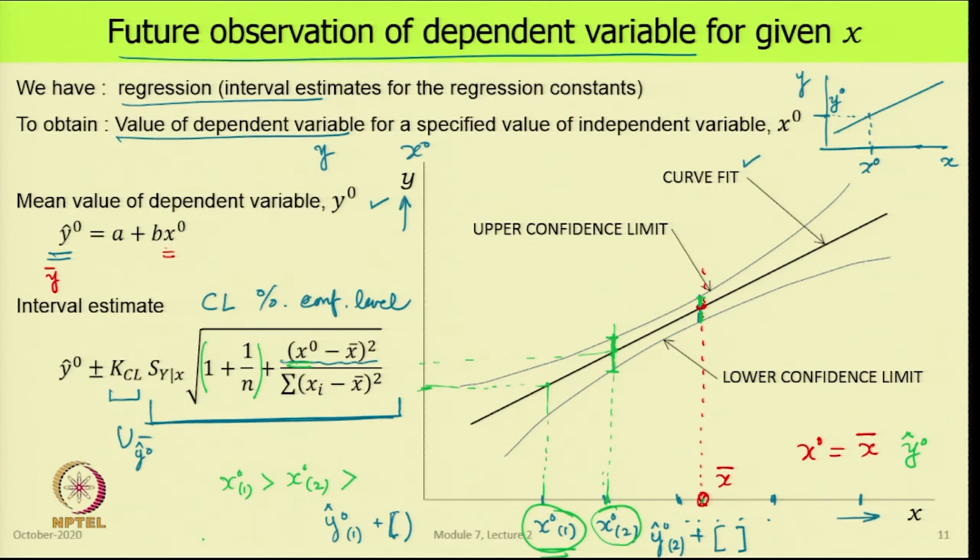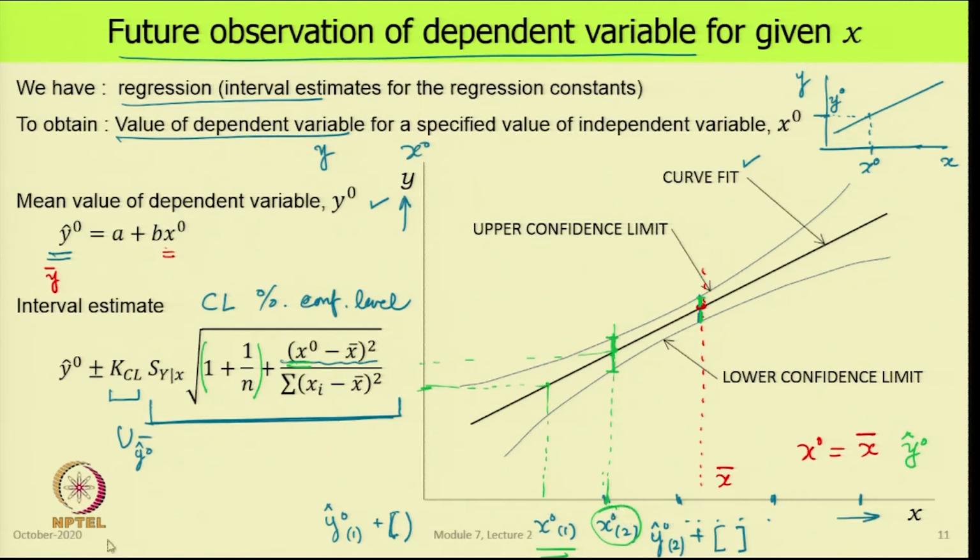So, what we see here is that x 0 minus x bar, which is this gap, is more than the case in the second case.